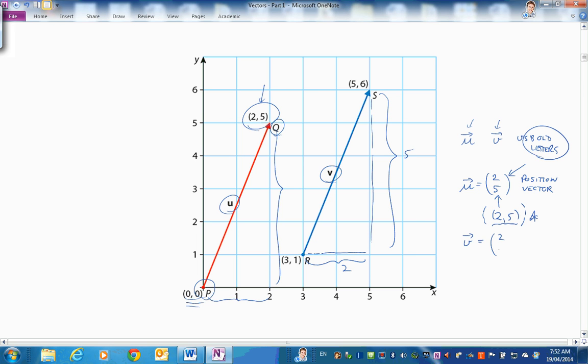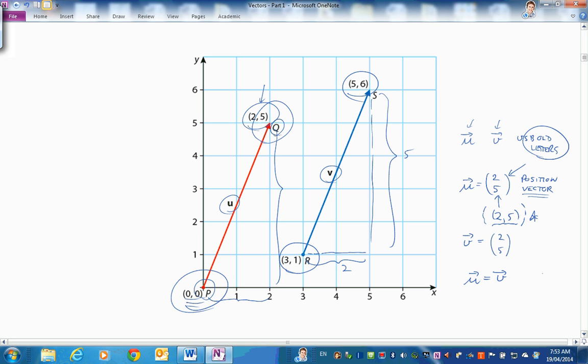So, yeah, they are both a vector (2, 5), starting at different points. One's a position vector, thinking about displacing the origin to (2, 5), and the other vector starts at a different point. They're still equal, though, because they're equal in magnitude and direction. It's displacing the point (3, 1) to (5, 6). So we would say these vectors are equal.